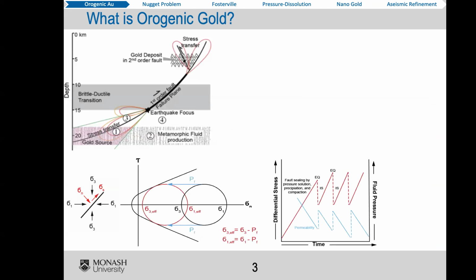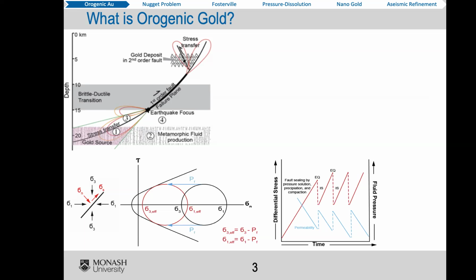So when we're talking about these deposits, the gold source from the metamorphic fluid production is quite deep, so maybe 18 kilometers, amphibolite facies, that transition. That's when you have the breakdown of pyrite to pyrrhotite. And then you have a stress transfer, so you have an earthquake, and the fluid can be flushed up large structures and into higher order structures.